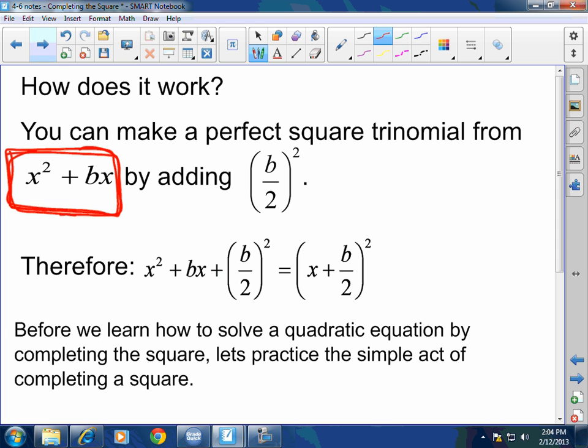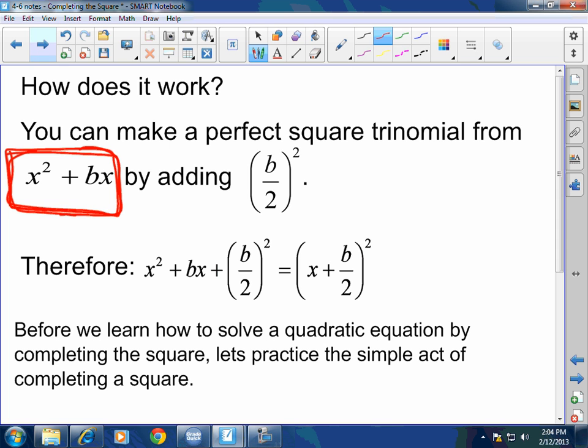So if I just give you a binomial with an x squared and an x, and I want to make it a perfect square trinomial, all you have to remember is find b divided by 2, square it, and add it. And that will form a perfect square trinomial.